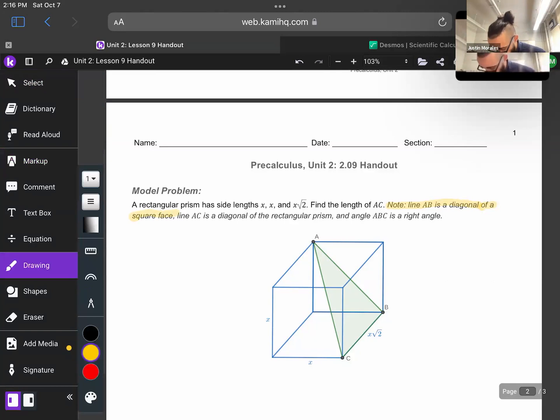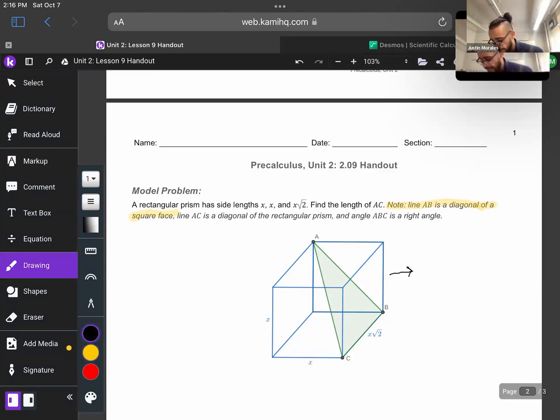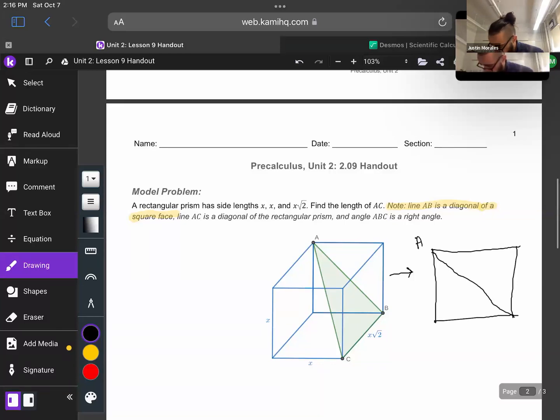If I draw this square face, which has the line AB, it's going to be a square, and this is going to be the diagonal, A to B. We already know the sides of the square are x and x.